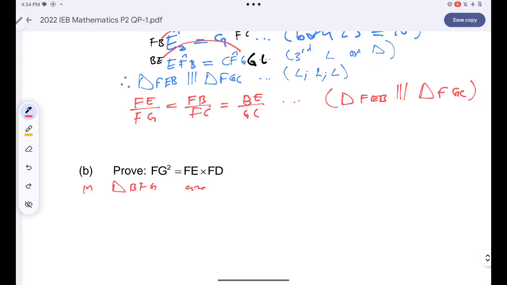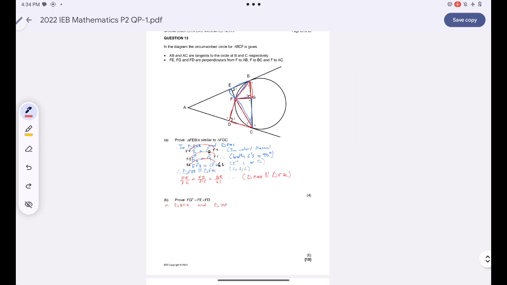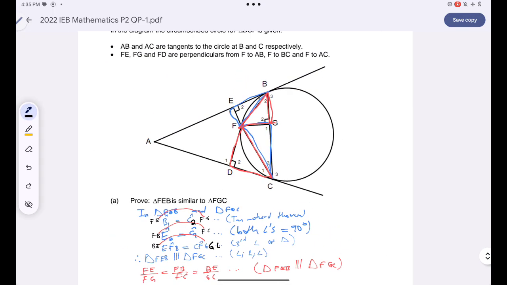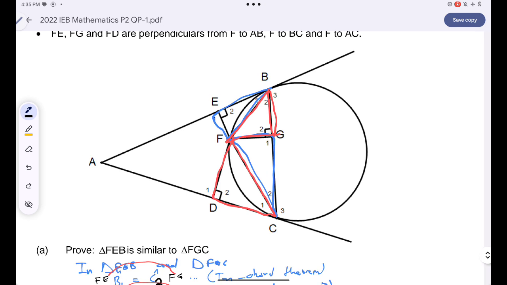We can see that in this thing, angle C1 is just equal to angle B2 because of the tan chord theorem. Are we together? And D2 is equal to angle G2. The two angles are both equal to 90, and then we'll have a third angle of a triangle.